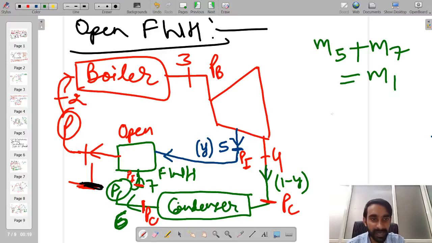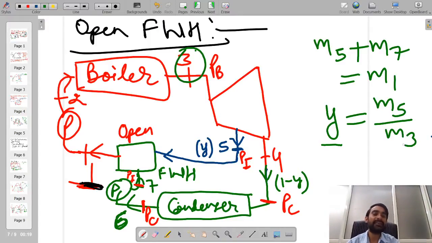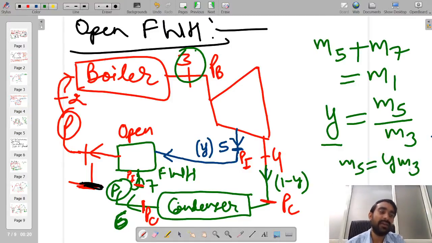Over here I have defined y as the fraction of the mass which we have extracted from the turbine. So y is equal to the mass at point number 5, m5, divided by the total mass at the inlet of the turbine, m3. So ultimately I can write m5 as y times m3.